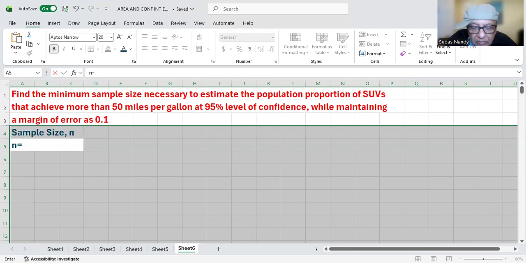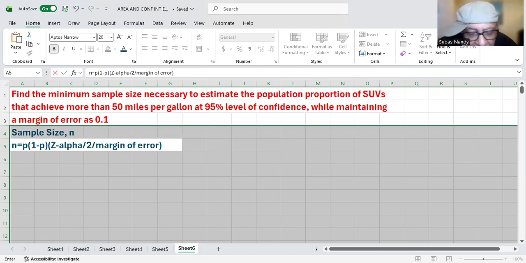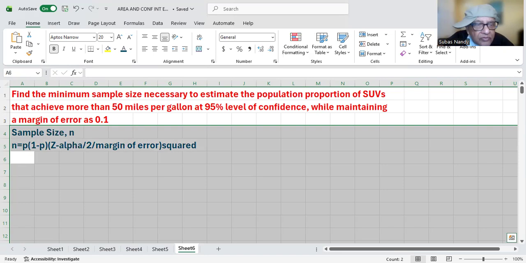First it is p multiplied by 1 minus p, and the whole thing is multiplied by z alpha by 2, the whole thing divided by margin of error, and then parenthesis and squared. And now this is the formula.